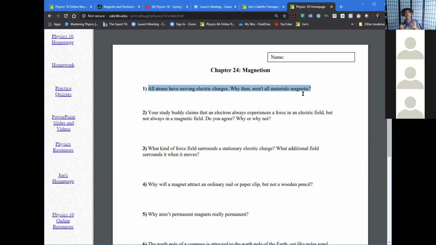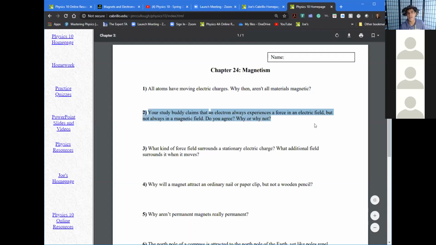It's generally only iron, nickel, and cobalt that have more atoms or more electrons with magnetic fields in one direction than another. So most materials are not magnetic because the magnetic fields of all the moving charges cancel each other out.